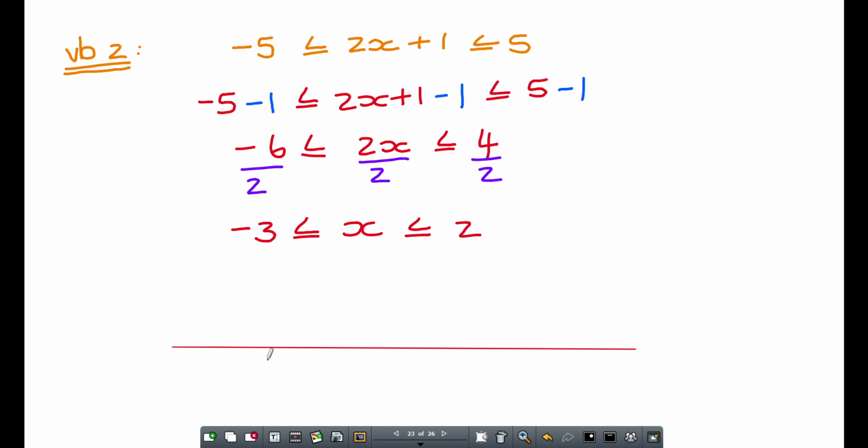Op jou eie. Jy klaar? Julle reg, kan ek maar sê?